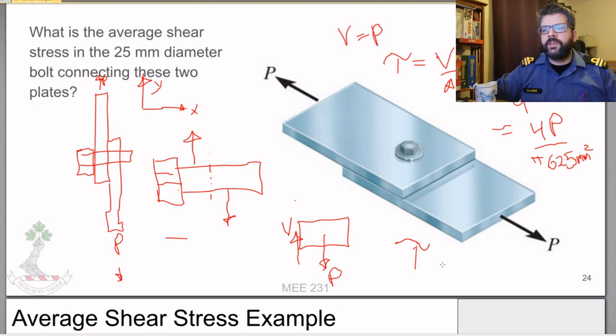So it's going to be a tau xy, and it's actually going to be negative, based upon that coordinate system chosen.